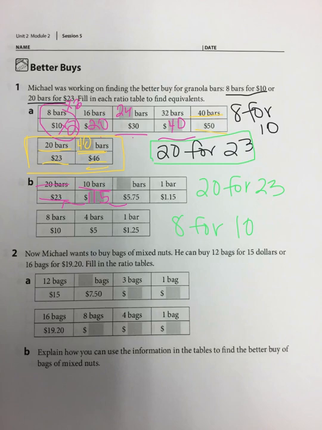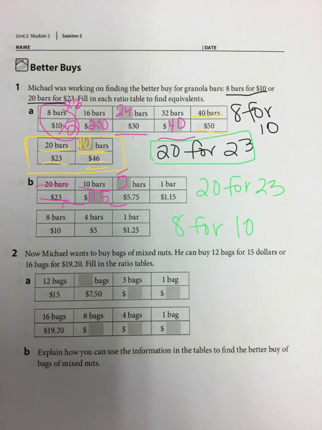Yes, it is. So you would have to have 10. Half of 10, you should know this, is 5 bars. Then it also tells us that 1 bar would cost $1.15. That is all for the 20 for 23 deal.